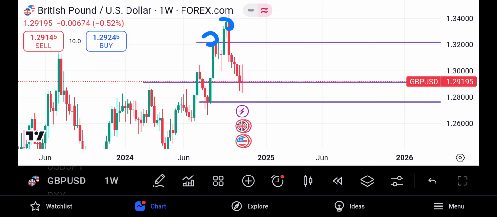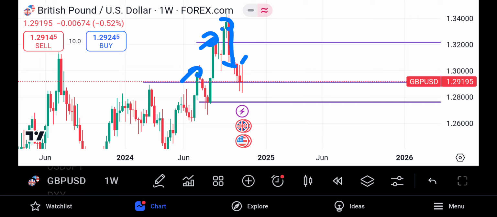This is also a high, and this is also a high. The market made this move to the downside, and it is yet to give us a new defined low, and it has taken out about one, two, three highs.